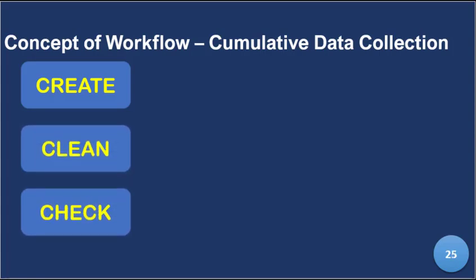When you create for day one, clean all day one's errors, and then you check. Otherwise, you keep on cleaning the data you had cleaned before. So I'll explain again. You create, then you clean, and you check. So that's just the switch. Before, we would create, we would check, and that's how we taught you. True.